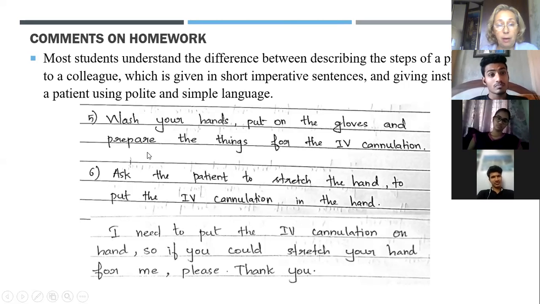Are these phrases from the conversation to a colleague or to a patient? Colleague.